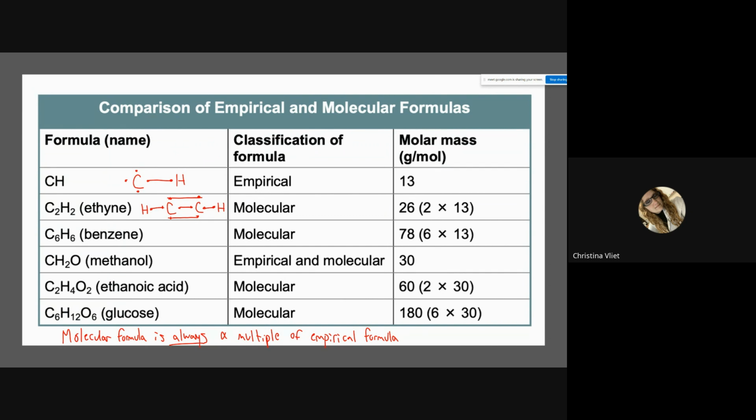I'm not drawing out all of these. But I just wanted to use this as an example, that the empirical formula is not always something that exists. And so then we're going to develop a method to figure out the molecular formula given the empirical formula.